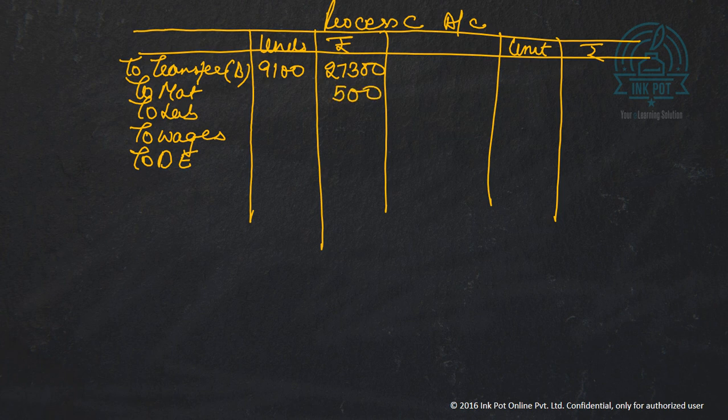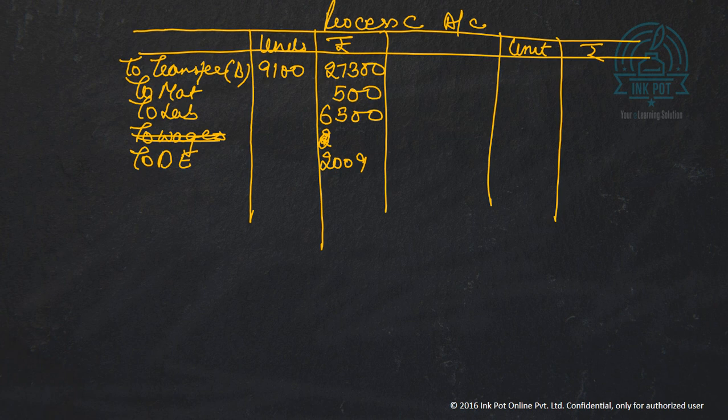The value of labor is 6500, given in the question itself, and the value of direct expenses is 200. Sorry, I have written wages twice, so it is not wages. So this is what we have been given, right?